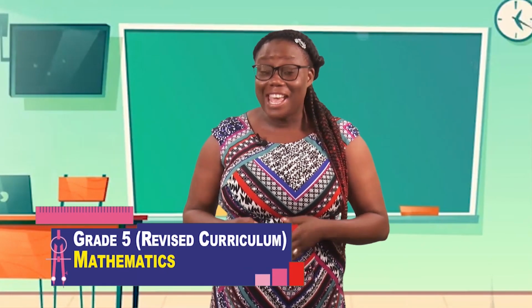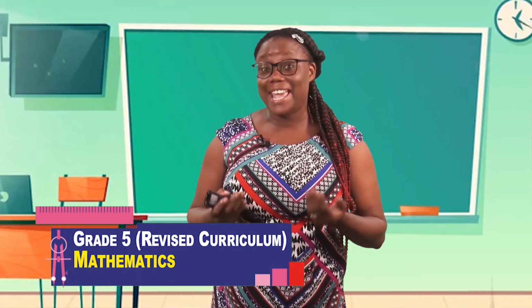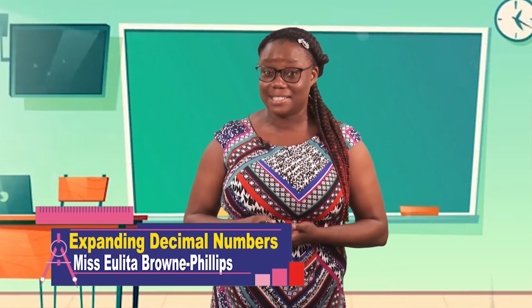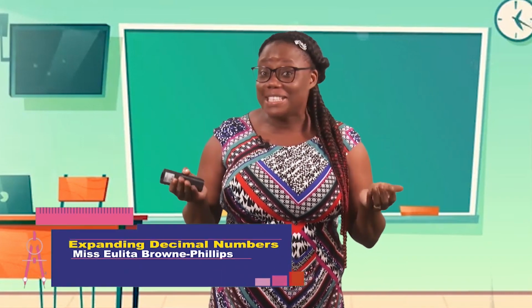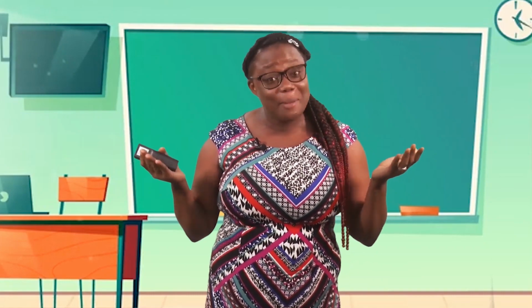Boys and girls, this has brought us to the end of today's lesson. But you know we can never bring the curtains down unless we have the problem of the day.